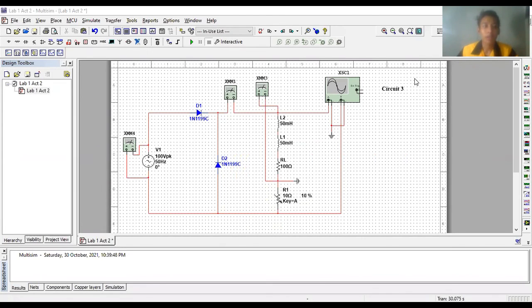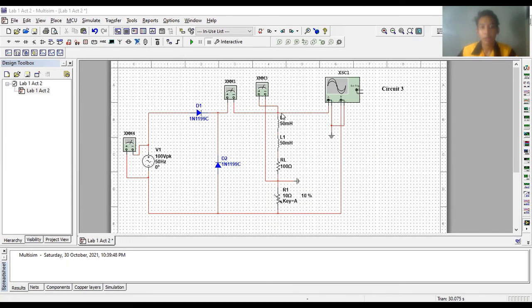For exercise 1, activity 2, first we construct and arrange the circuit as per the instruction given, like this. This is an example for circuit 3, which consists of VAC, diode 1 and diode 2 in parallel with each other. We connected it with an ammeter.